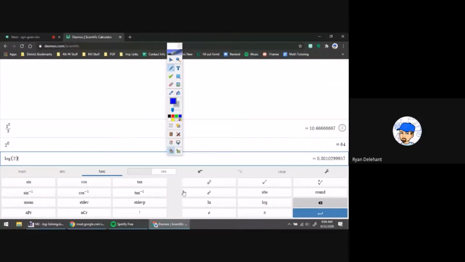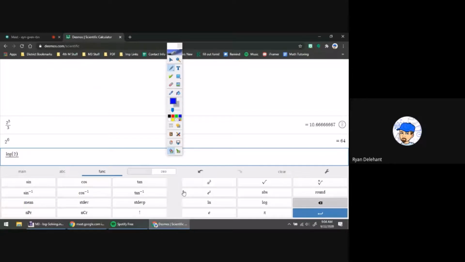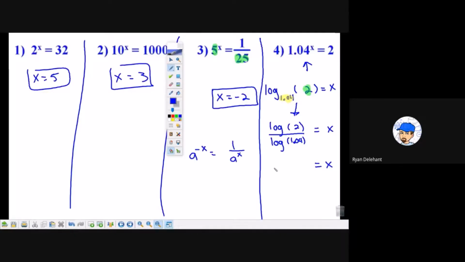I want to close those parentheses and then hit divide and then do log of 1.04. Now it'll tell me my answer, 17.67, okay? And I'm going to write that down. So it tells me that this power should be 17.67.